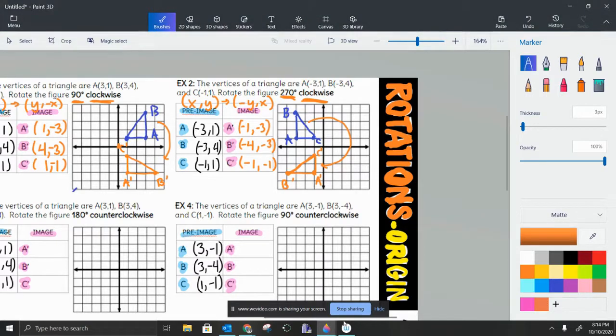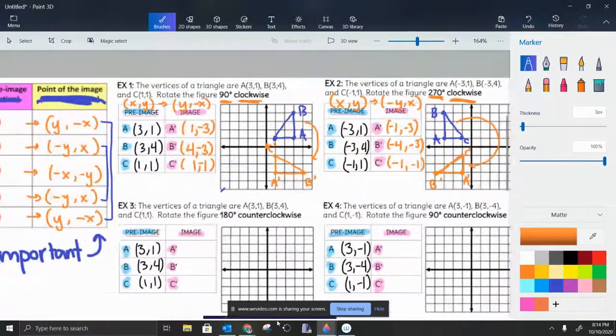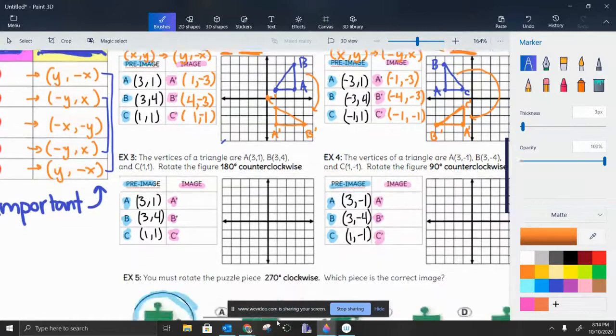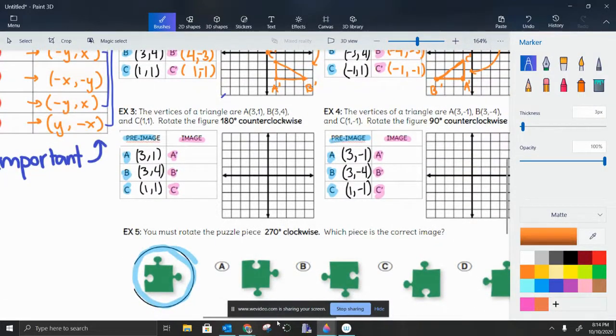Let's try one more. It's really hard to grab this with my pen. Okay. So this time we're going to be rotating our shape 180 degrees counterclockwise. First let's plot our original image, which is called the pre-image.